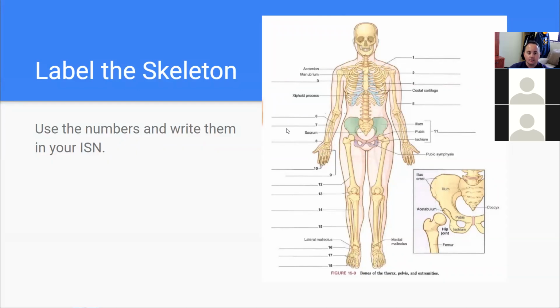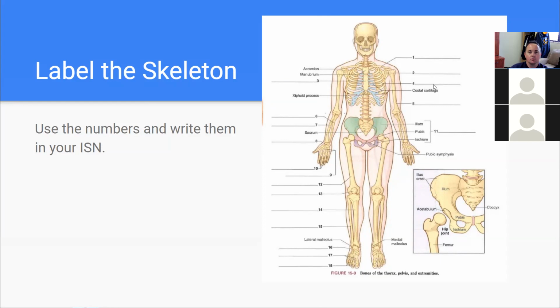In this class, we are going to be using the proper anatomical terms, okay? I just want you to be aware of these terms so that when I am talking in anatomical terms, you can think to yourself, oh, he said the ulna. I know that's in the forearm, okay? I believe number 2 is the scapula.